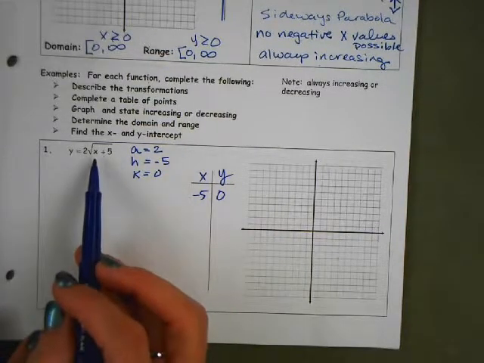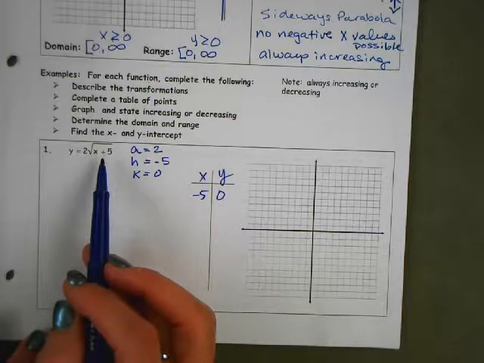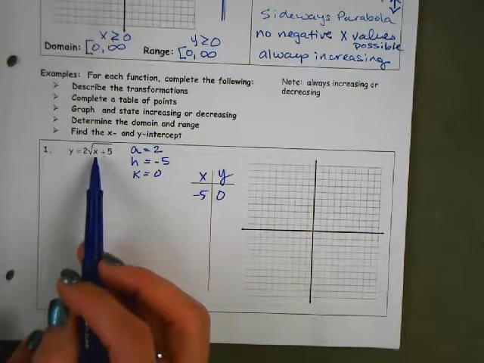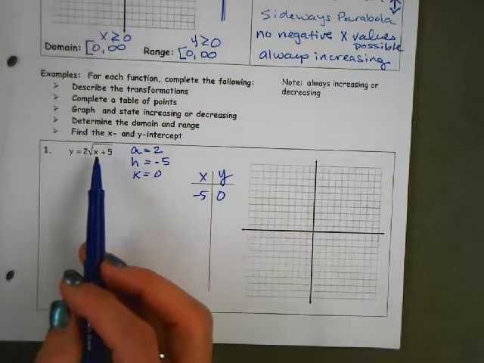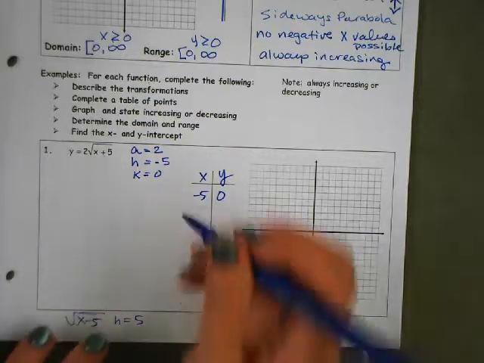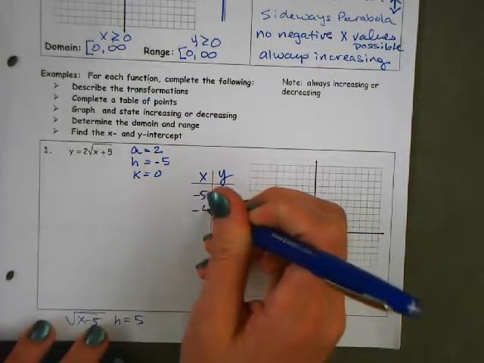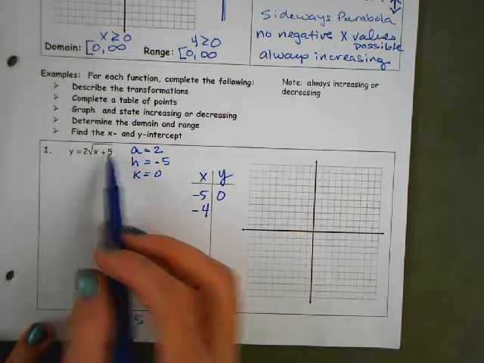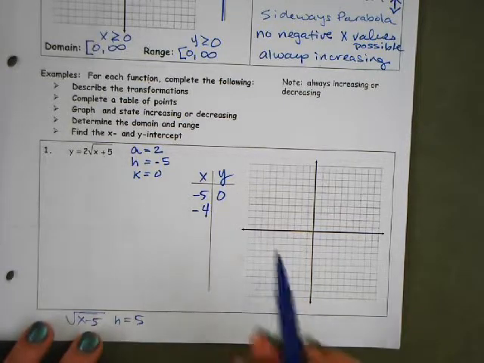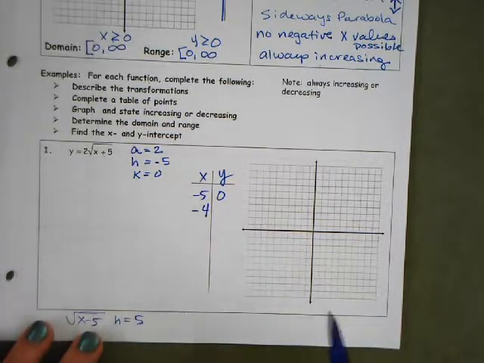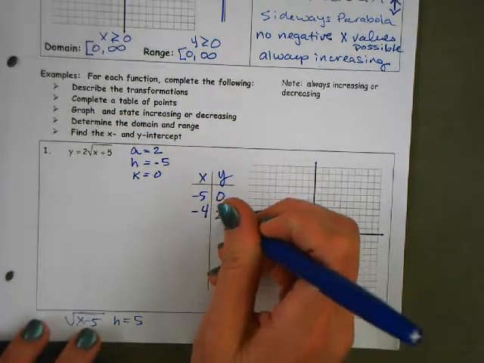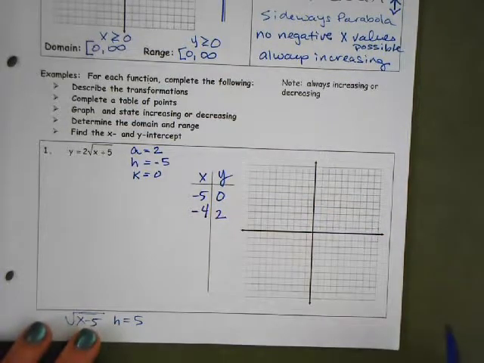So how could I get, let's say, a 1 out of here? How can I make a +5? I could do -4. So let's do -4. -4 plus 5 is 1. Square root of 1 is 1, and then 2. So this would be -4, 2.